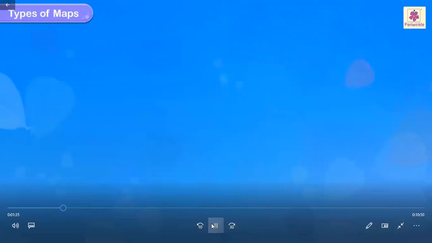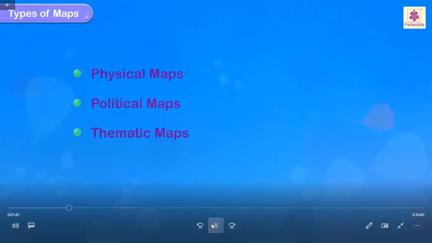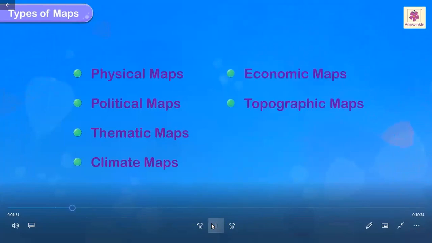Types of maps. Maps are of different types: physical maps, political maps, thematic maps, climate maps, economic maps, topographic maps, road maps, location maps.